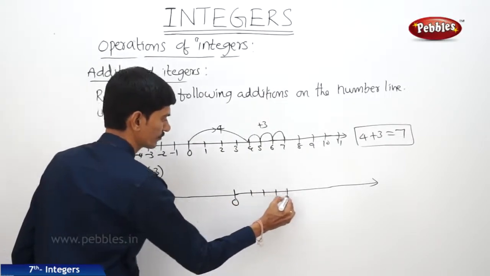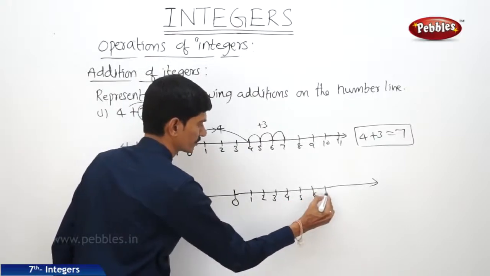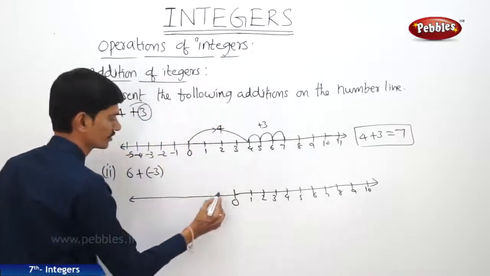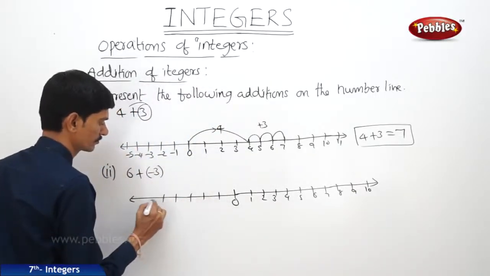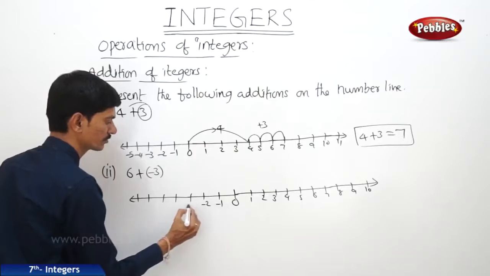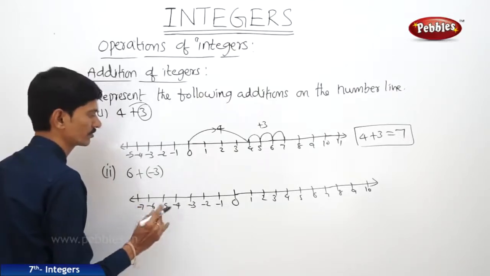One, two, three, four, five, 1, 2, 3, 4, 5, 6, 7, 8, 9, 10. Then on the left side of 0 we take minus 1, minus 2, minus 3, minus 4, minus 5, minus 6, minus 7, and so on.